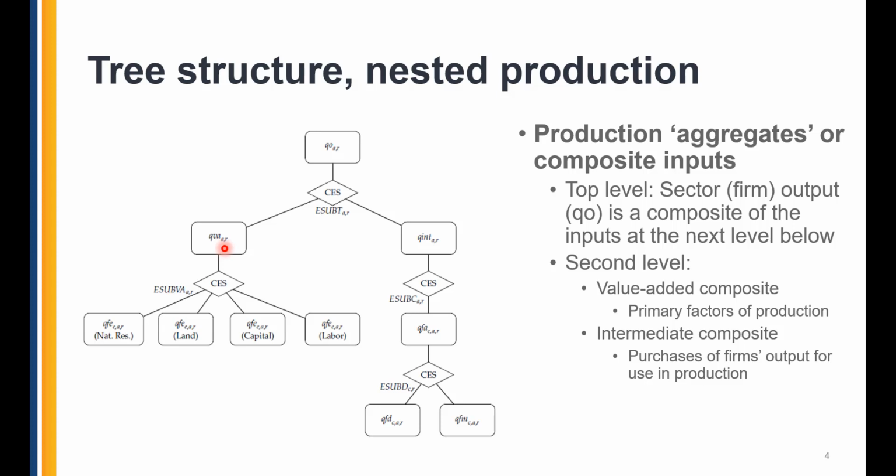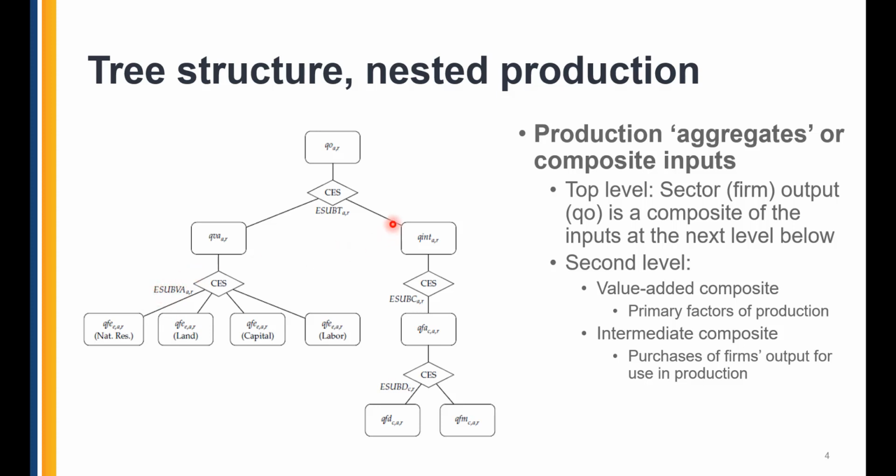It's a stage in the production, and so this is its own production block, right? So the making of the value-added aggregate is also a CES aggregator or CES production function with a governing substitution elasticity right here, ESUBVA, or the value-added substitution elasticity.